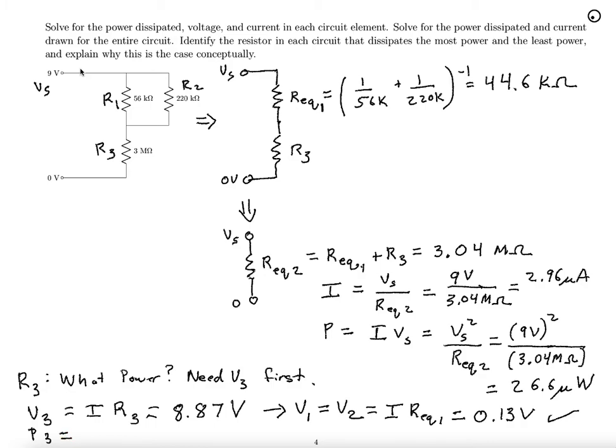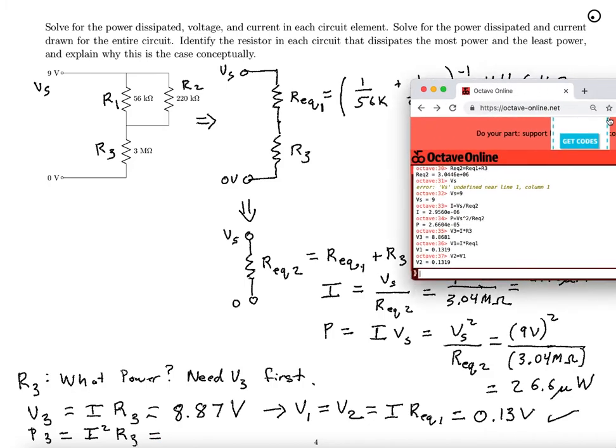In the third resistor, power in the third resistor is the current in the third resistor, which is the current in the entire circuit, squared times R3. So 26.2 microwatts.